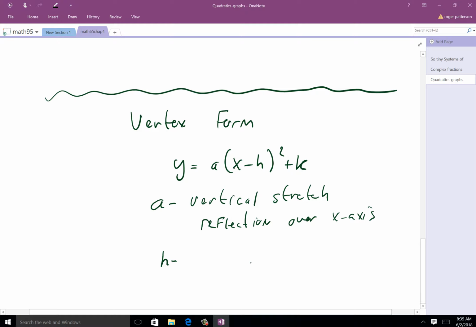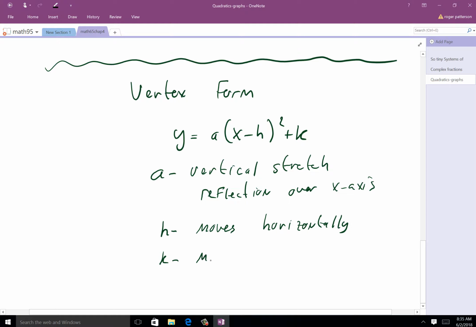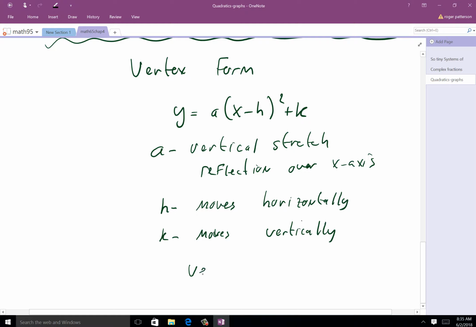H, which way does h move it? Moves horizontally. And k moves which way? Vertically. And it's called vertex form because the vertex is h and k.